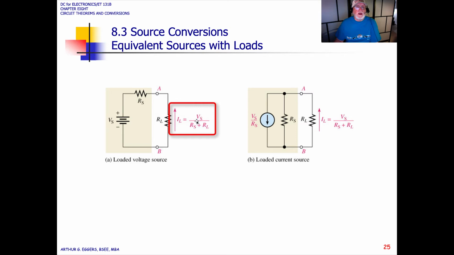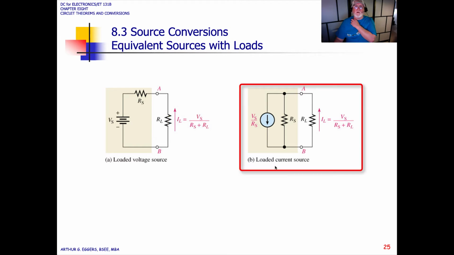Just like we've seen before, we have to add the two resistors in series to get the total current divided by the source. We know that the current through RL will be the same as through RS, but we have to calculate it using, in essence, Ohm's law.